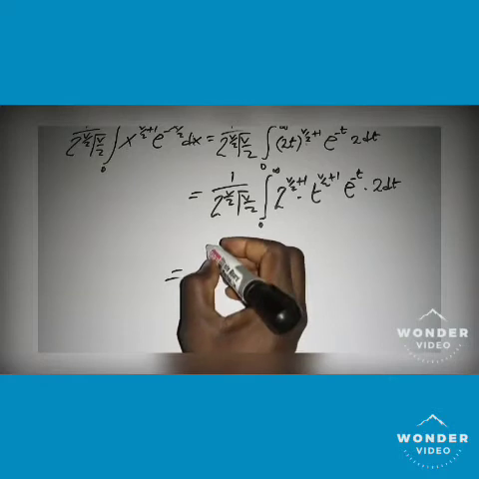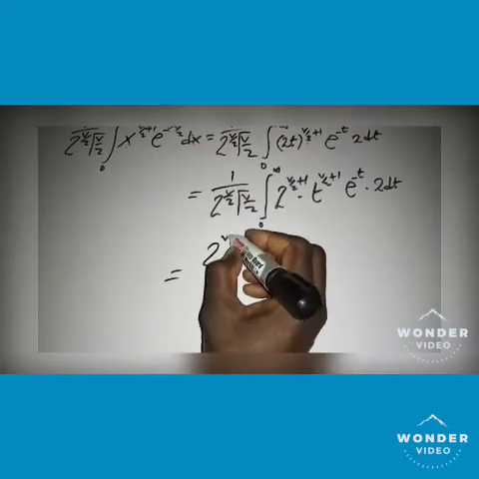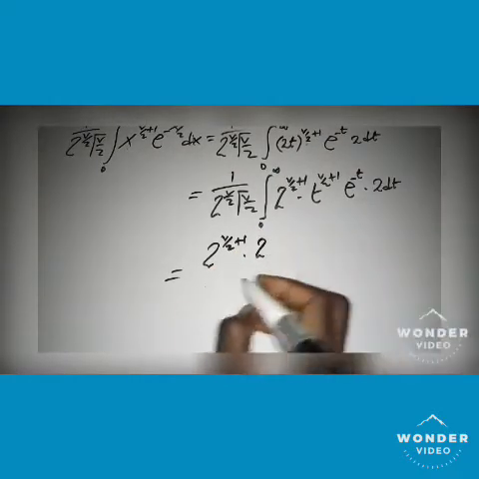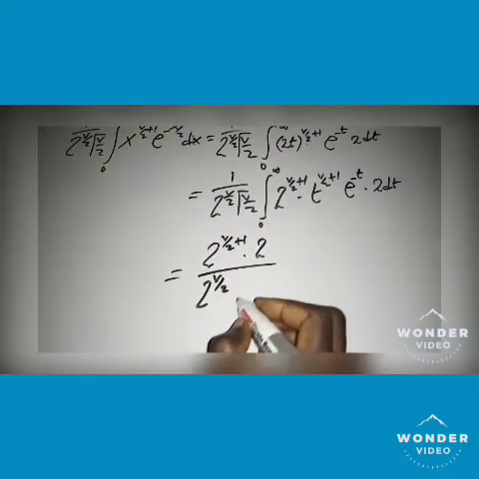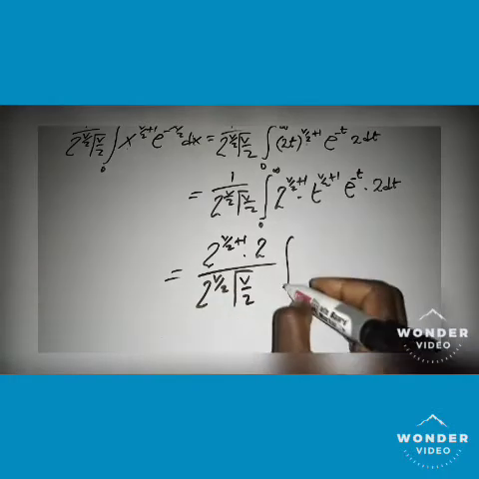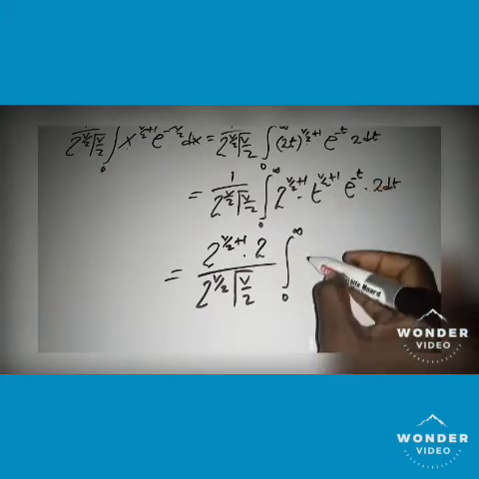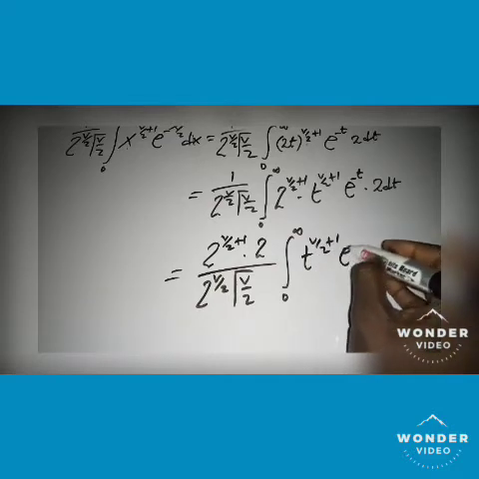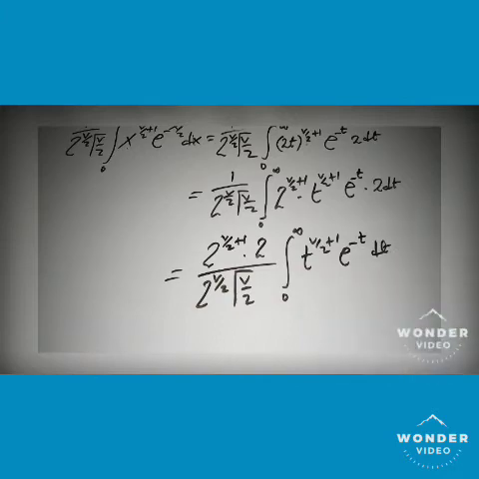So I am now going to write the constant out, starting with 2 to the power of v over 2 plus 1, then this 2, all over 2 to the power of v over 2 gamma of v over 2, followed by the integral from 0 to infinity of t to the power of v over 2 plus 1, e to the power of negative t dt.